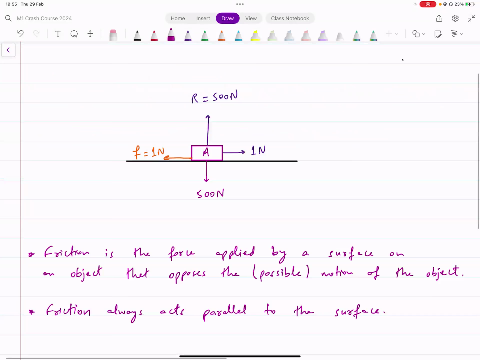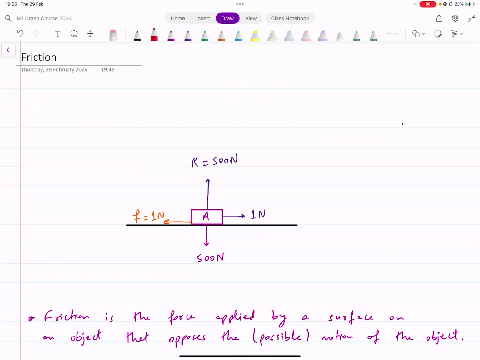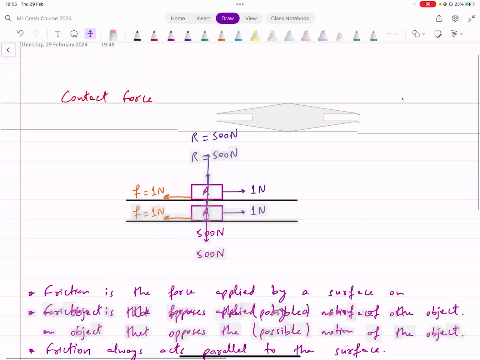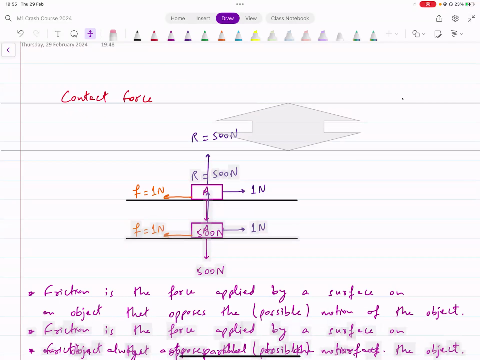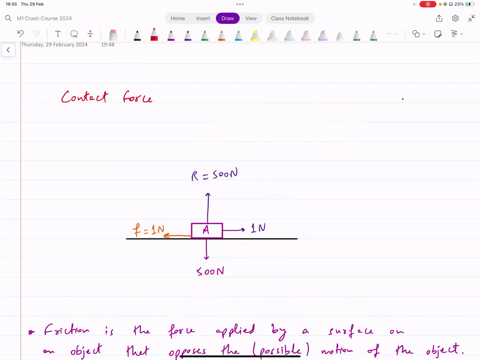And these two forces combined are actually called contact forces. So you will see this terminology being used sometimes as well. Contact force is basically a force that applies because of contact between two objects, between two surfaces.